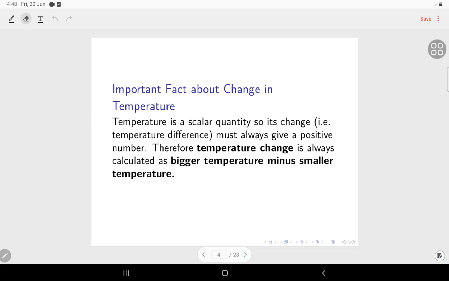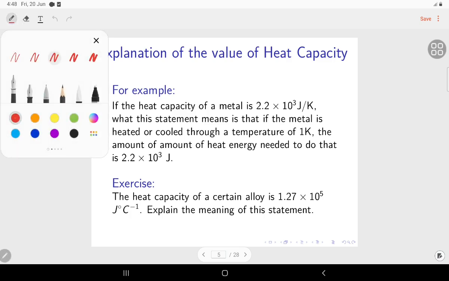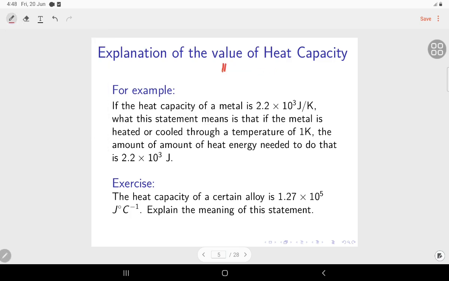All right. Now let's talk about the last thing. When they give you a value of heat capacity, what does it mean? So we are looking at the explanation of the value of heat capacity. For example, let me reiterate. We have said that heat capacity is Q over theta.